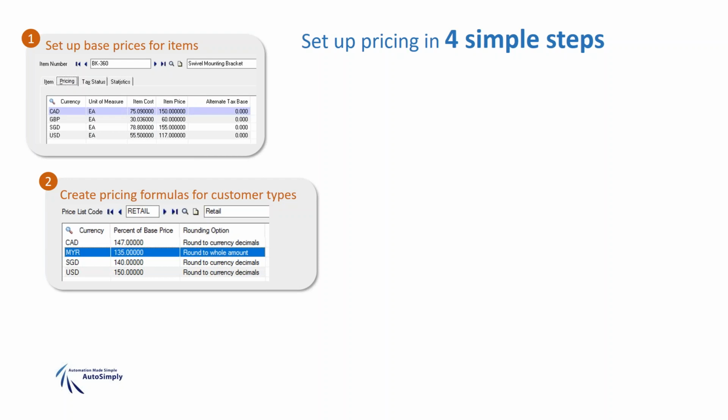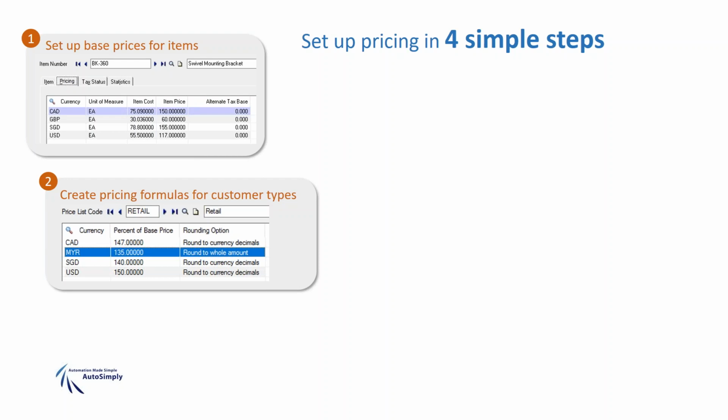And we do it a little bit differently from the regular inventory control, because the price lists are more like formulas inside AR pricing. So you set up the markup percentage of the base price on a particular price list. For example, you can set up a retail price list, and for a particular currency, it's 100%, 150% of the base price, and other price lists, let's say wholesale, would be a certain percentage of the base price.